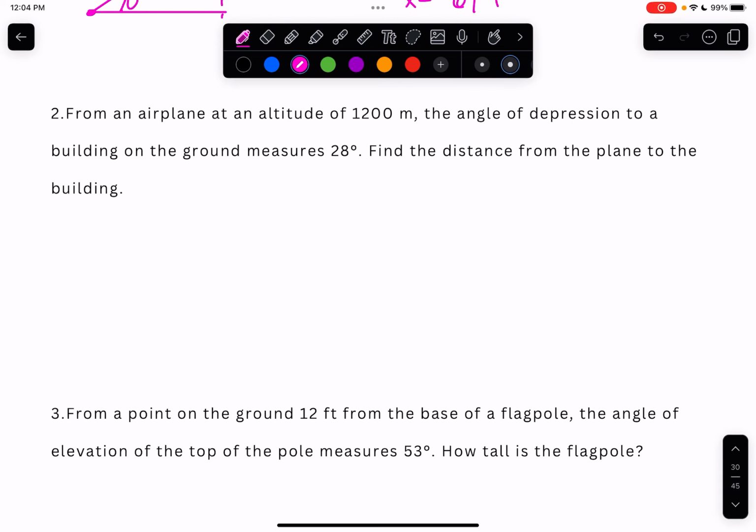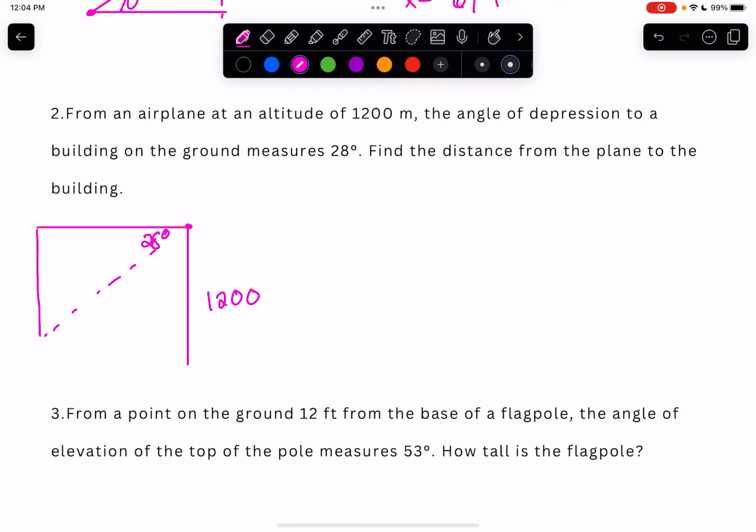From an airplane at an altitude of 1,200 meters, so altitude is vertical distance, the angle of depression to a building on the ground measures 28 degrees. Find the distance from the plane to the building. So here we're looking for horizontal distance.